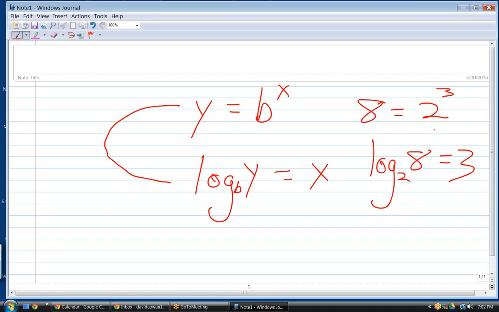If somebody gives you that, you should be able to express it logarithmically, or if somebody gives you the log expression, you should be able to express that exponentially. That's the most important thing about logs. If you can go back and forth between the two, you've made a huge leap in understanding logs.